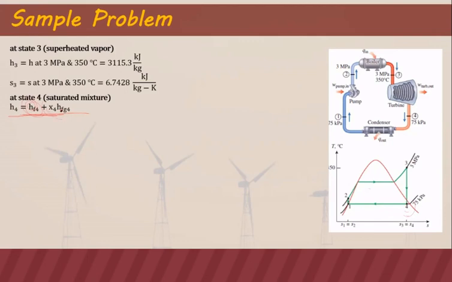HFG is the difference between HF and HG, or the enthalpy of the liquid and the enthalpy of the vapor. This is just the difference. So HFG is just HG minus HF. There are steam tables that contain HFG. If your steam table does not contain it, all you have to do is subtract HF from HG to obtain HFG.